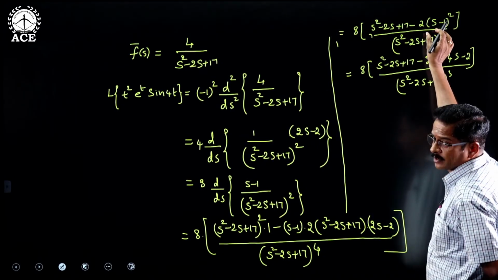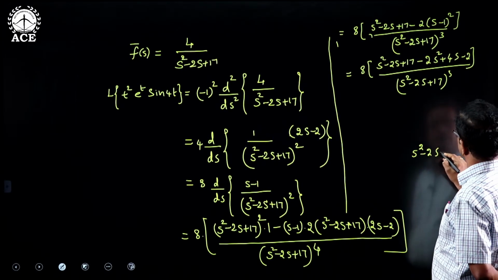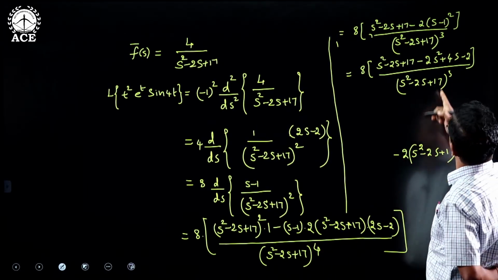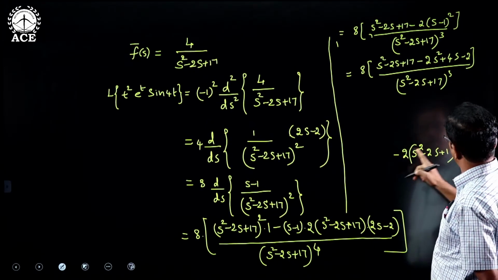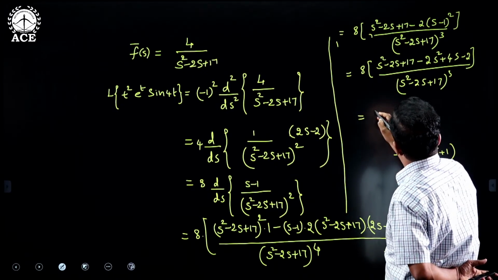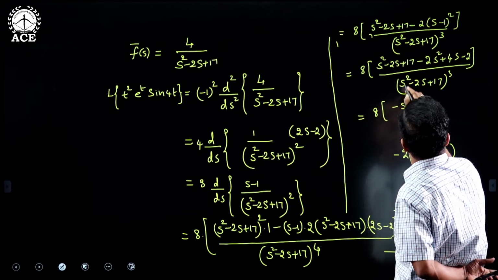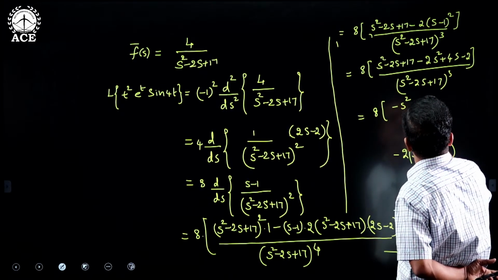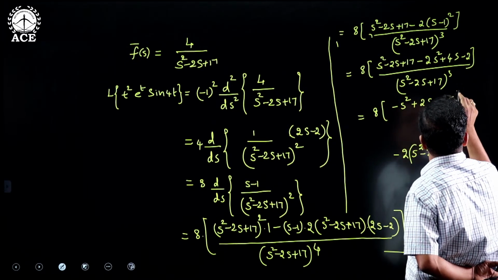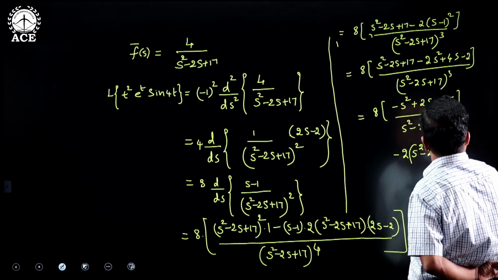S minus 1 whole square is s square minus 2s plus 1. I have to multiply this by 2 with the negative sign, so minus 2s square plus 4s minus 2 I am writing. Now it is equal to 8 into s square minus 2s square is minus s square, minus 2s plus 4s is plus 2s, and plus 17 minus 2 is plus 15, by s square minus 2s plus 17 whole cube.